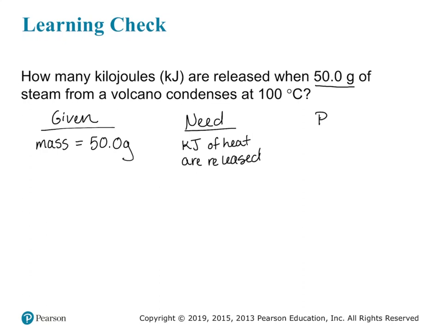So our plan, we're going to use that same equation we used in our last practice problem. But this time, instead of the heat of fusion, we're going to use the heat of vaporization. Very similar to that last problem we did, but this time we're talking about condensation.